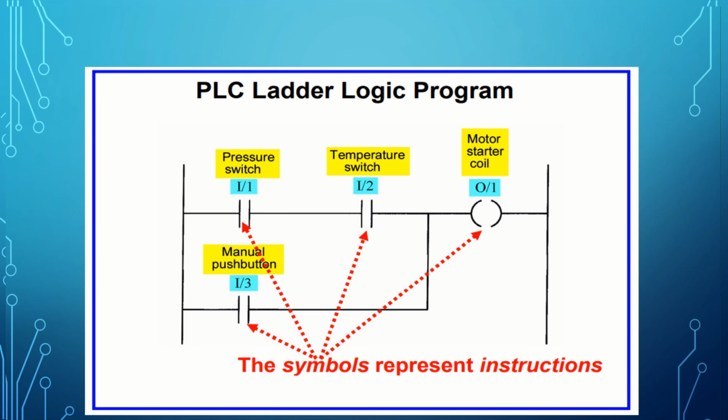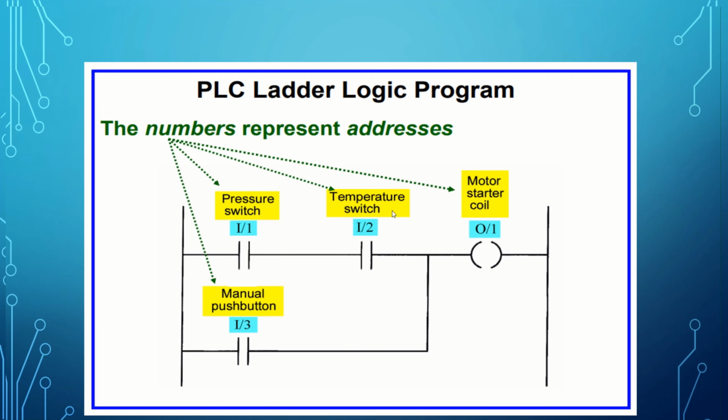Now we have the PLC ladder program. Here the contacts, the normally open contacts, and then the output contact symbol. This symbol represents instructions. The number here in color blue, like this one, is the I input 1, input 2, input 3.